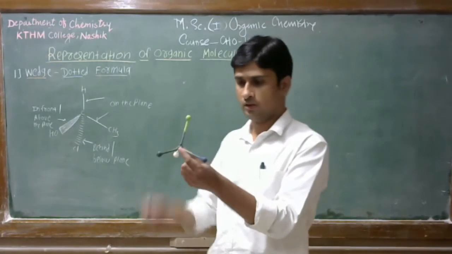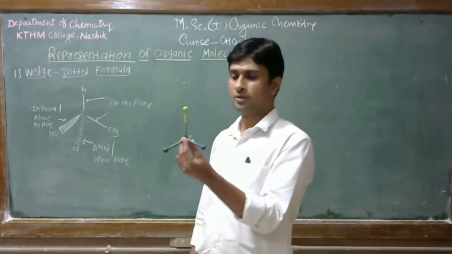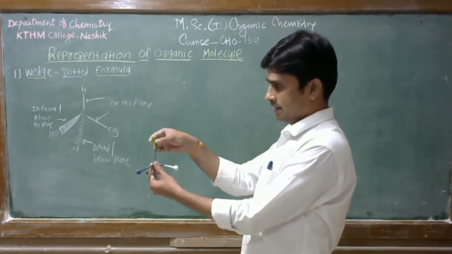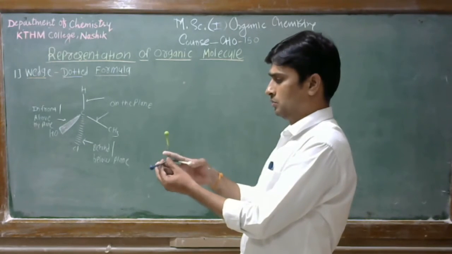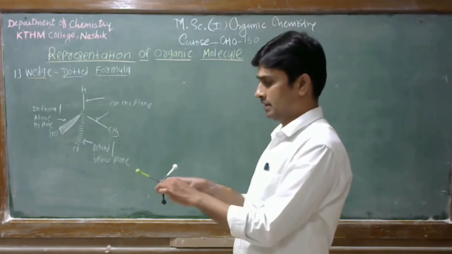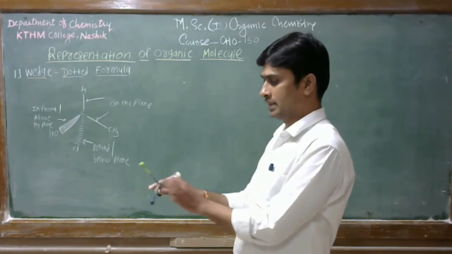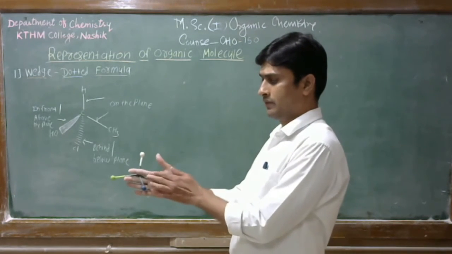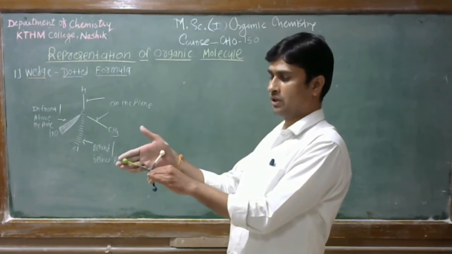If this is the tetrahedral molecule and I hold here the tetrahedral carbon atom, which is a chiral carbon atom having four different groups, then if we pass the plane through this green and this white group, and consider this hand as the plane, you can see one group is present in front of the plane and one group is behind the plane, and two groups are present on the plane.